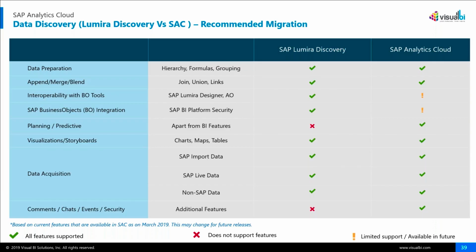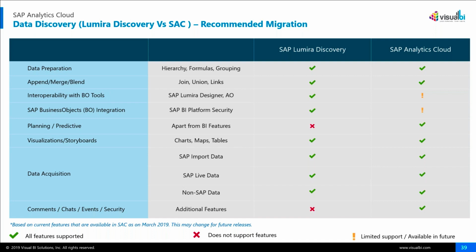So SAP Lumira Discovery was pretty much announced, that all the discovery use cases were moving to Analytics Cloud. In fact, that was Feb 2018, so it's well over 18 months. And if you are using Lumira Discovery for pretty much self-service BI use cases, we strongly recommend that you start using Analytics Cloud, because for those use cases, Analytics Cloud is way more mature than Lumira Discovery ever was.